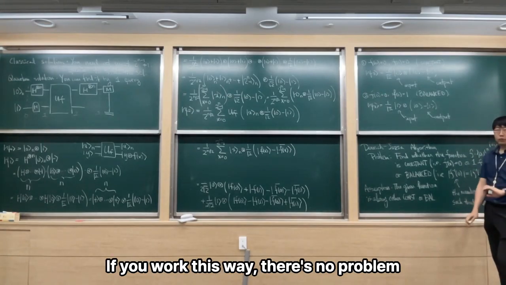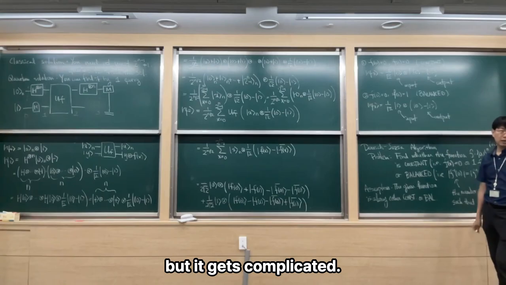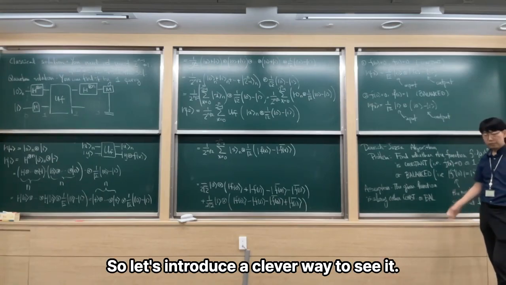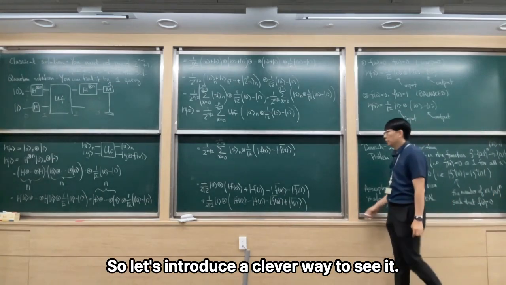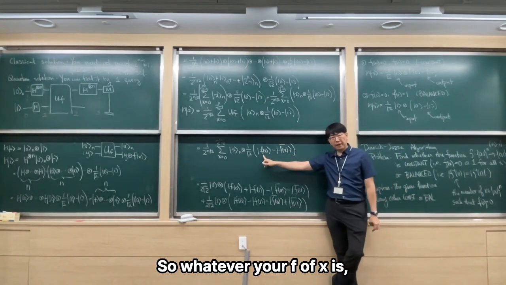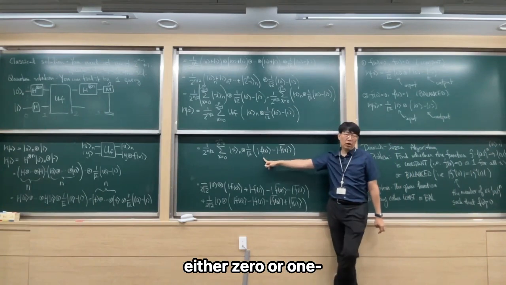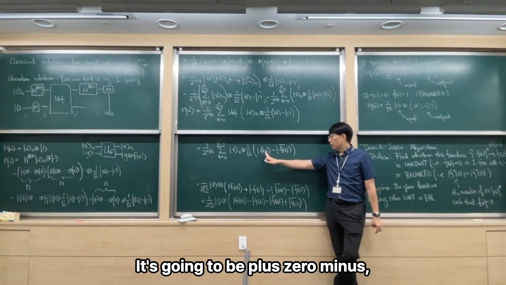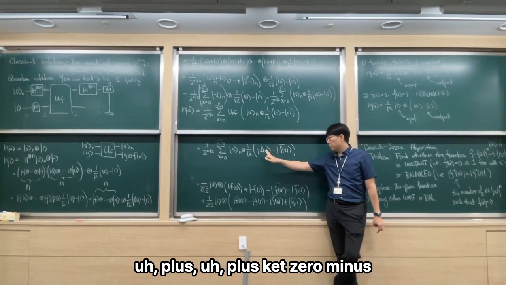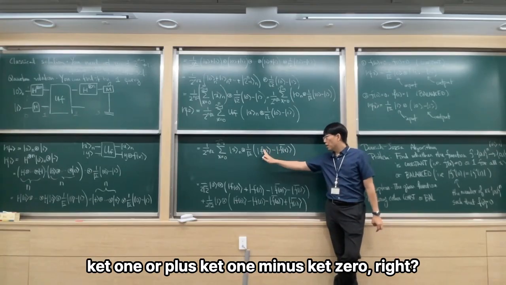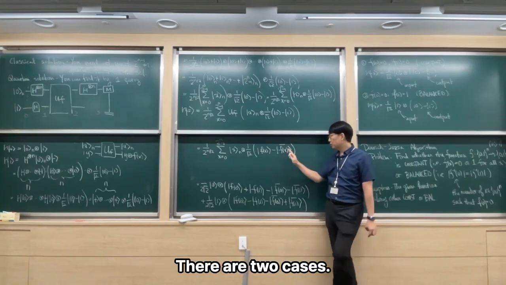If you work this way, there's no problem, but it gets complicated. So let's introduce a clever way to see it. Whatever your f of x is, either 0 or 1, it's going to be ket 0 minus ket 1, or ket 1 minus ket 0, right? There are two cases.